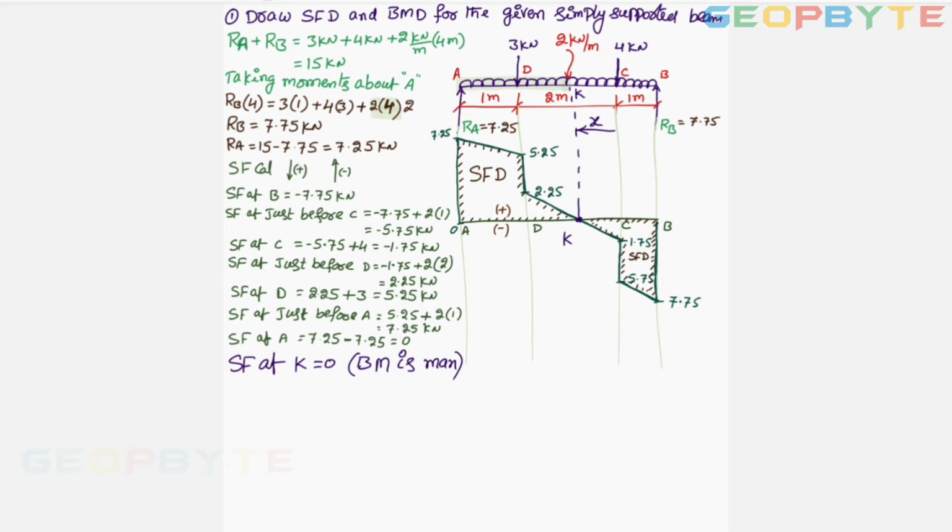Now let us find the shear force value at K. The shear force value at K can be written like this: minus 7.75, that is the upward force, that is the reaction. Upward force is negative, plus 4, that is the point load, vertically downward force, plus UDL effect 2 multiplied by the distance up to K. The distance up to K is 1 plus x.